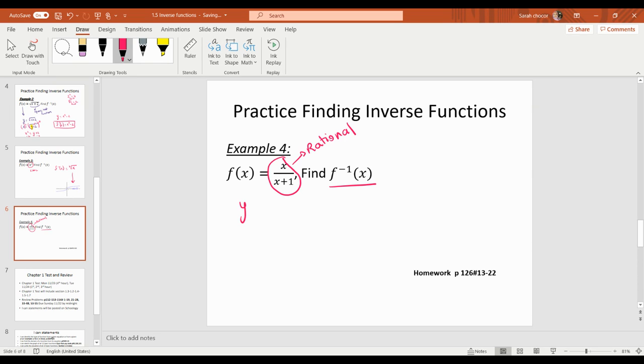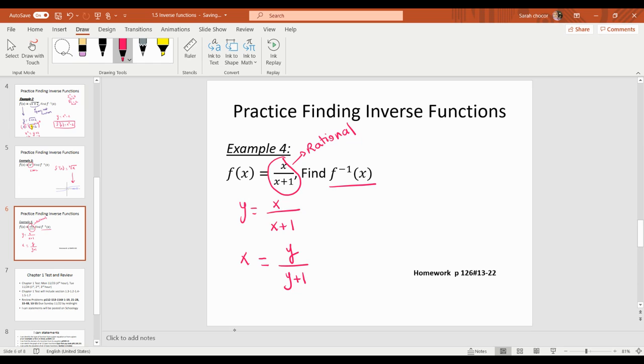So we're still going to follow the same steps. Instead of f of x, I'm going to write y, and I'm going to switch the x and the y. And a good question here would be, do I switch both of them? Yes, I switch both of them.